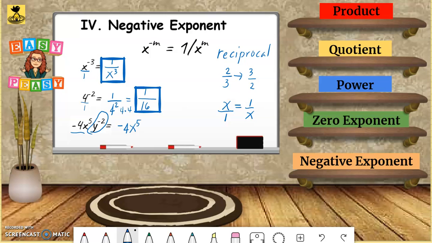But the negative exponent here, we need to simplify it by getting its reciprocal. Imagine there is a 1 over here, right? So we get the reciprocal, so we need to multiply it by 1 over y squared. And to simplify, negative 4x to the 5th times 1 is just negative 4x raised to the power of 5 over y squared. So this is our answer.